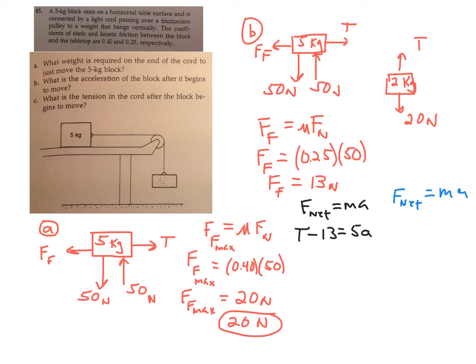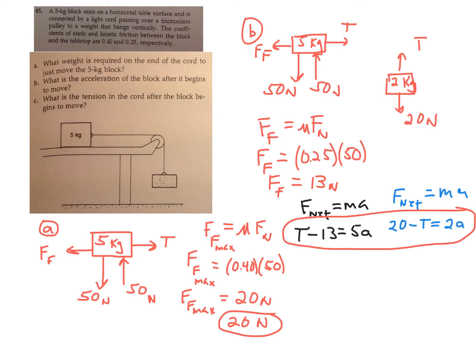But F net is the big force: 20 minus T, big force minus small force, equals M, 2 kilograms, times A. So we have a system here, these two equations, that you would need to solve simultaneously. You can use determinants or matrices or substitution. The easiest way to do these is substitution.